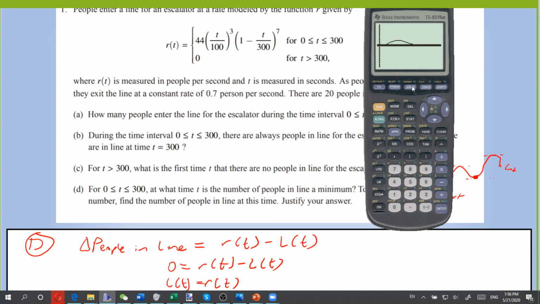I could just change the window, counting these, 1, 2, 3. So my highest point's a little bit above 4, and my lowest point is somewhere around negative 1-ish. So 4 and negative 1. We should be able to see our graph now.